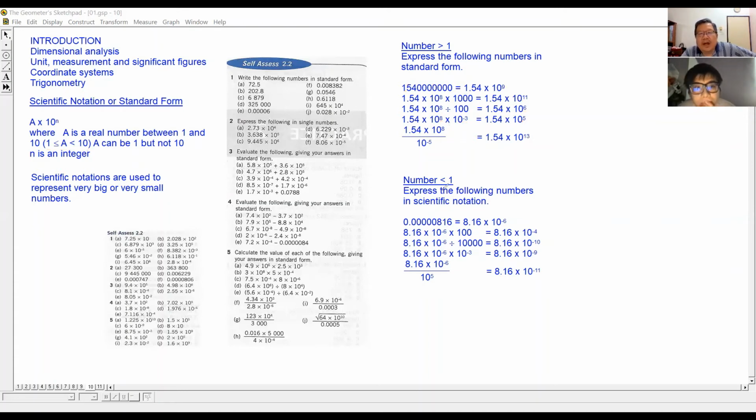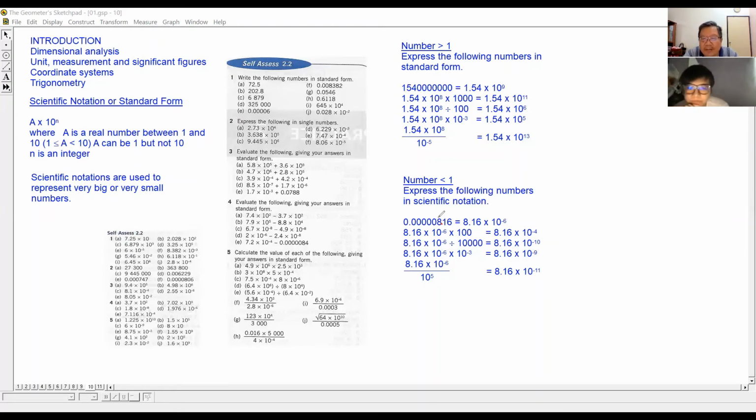Okay, so now we are going to look at numbers less than 1. We have this 0.00000816. Now I want to express this in standard form or scientific notation. So first of all, you decide there's only one number in front of the decimal place. Put a dot here, just behind the 8.